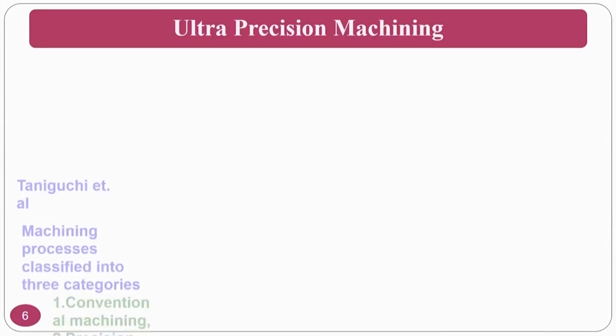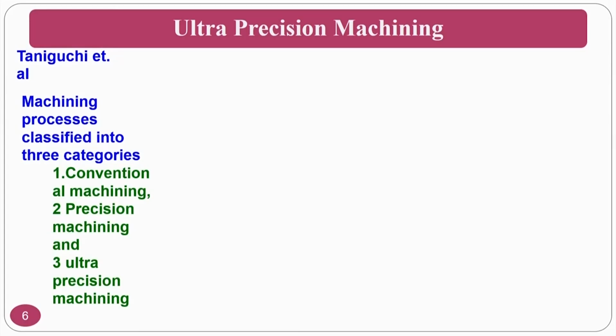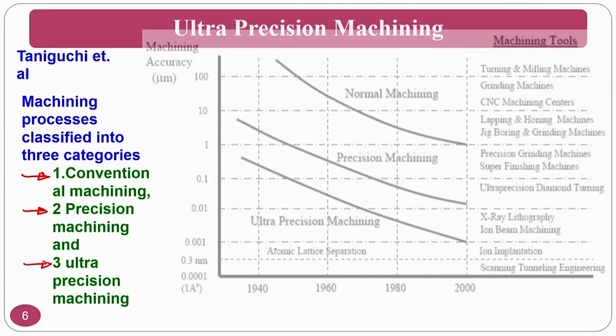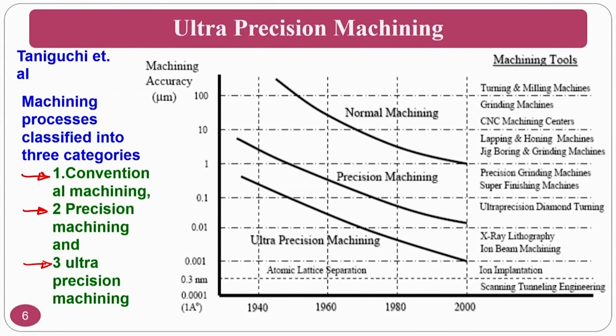Now ultra precision machining. Taniguchi et al. have given a table where machining processes are classified into three categories: conventional machining, precision machining, and ultra precision machining. If you see machining accuracy versus number of years, as time passes the machining accuracy levels are coming down. New workpiece materials are coming up, and the surface finish levels are enormously coming down.